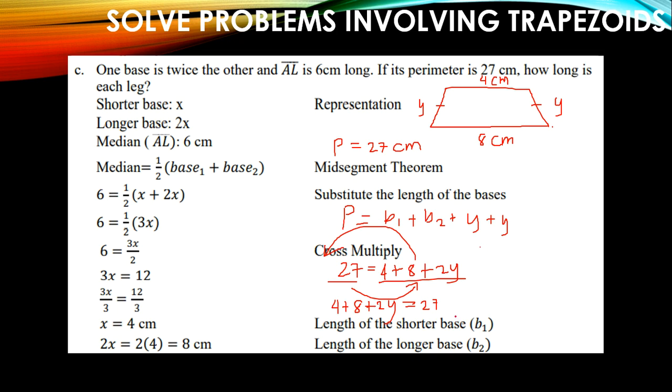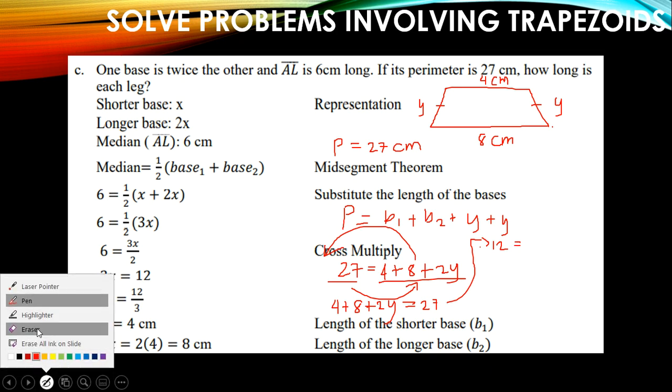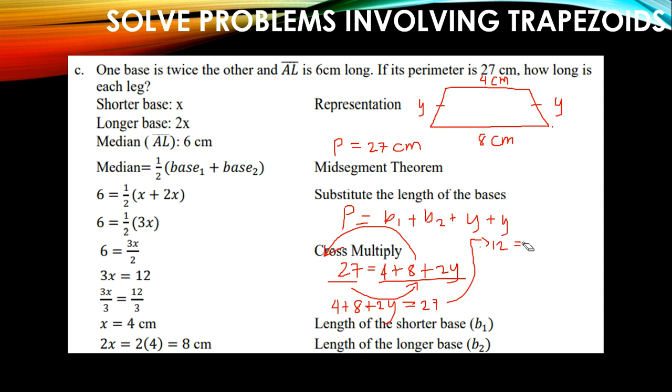Then combine 4 and 8, so that is 12. So we have 12 plus 2y equals 27. After that, transpose the 12 to the right side of the equation.